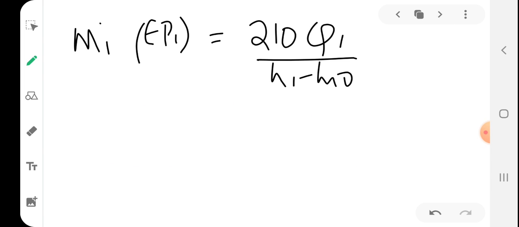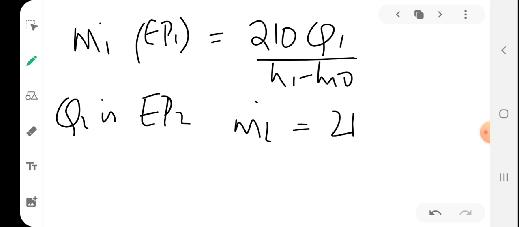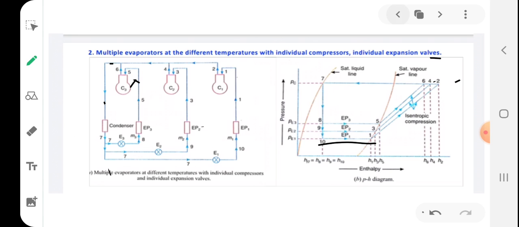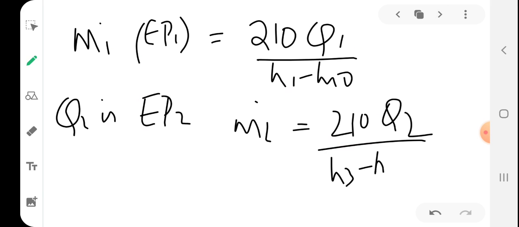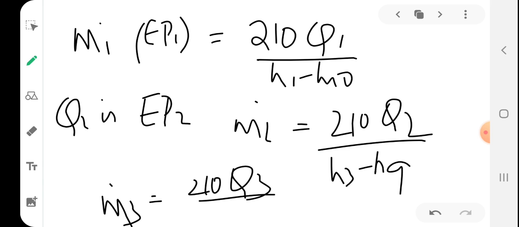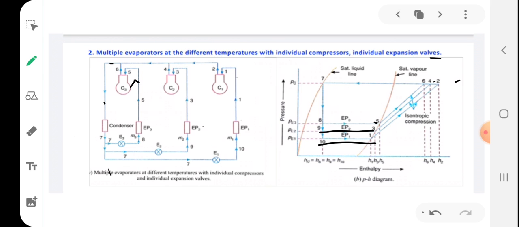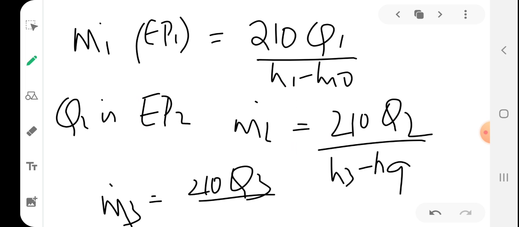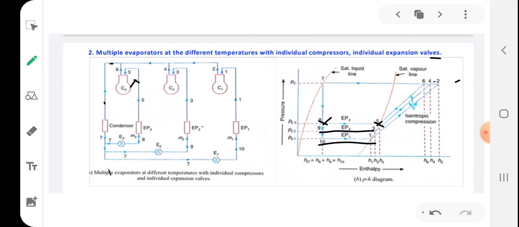If Q2 is the load on EP2, then M2 dot will be 210 Q2 by H3 minus H9. Similarly, M3 dot will be 210 Q3 by H5 minus H8. This is how we find the mass flow rate in all three different circuits.